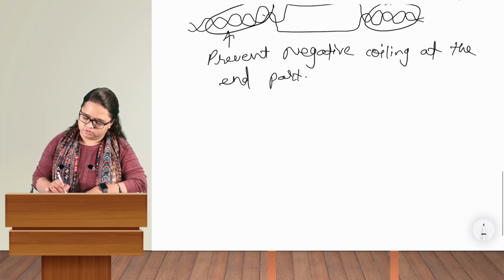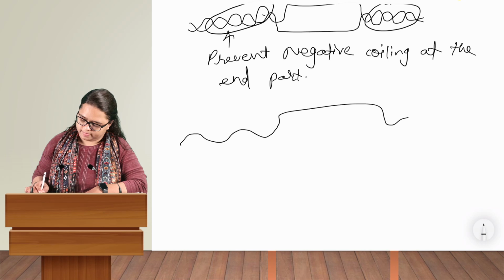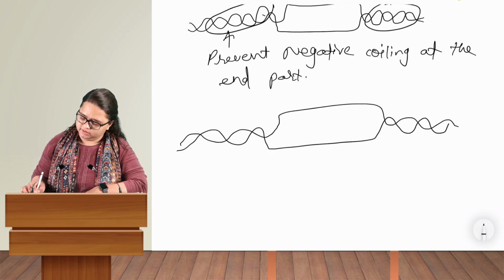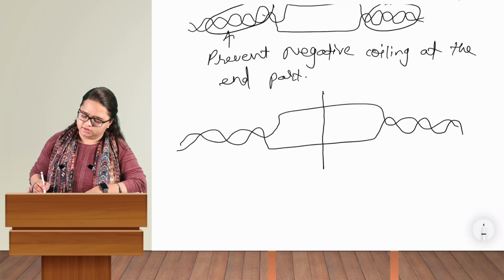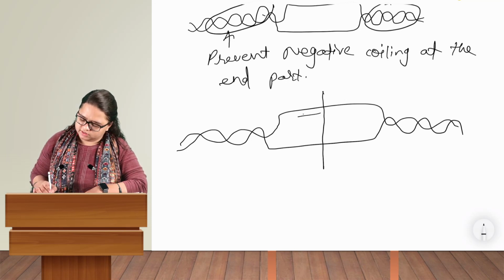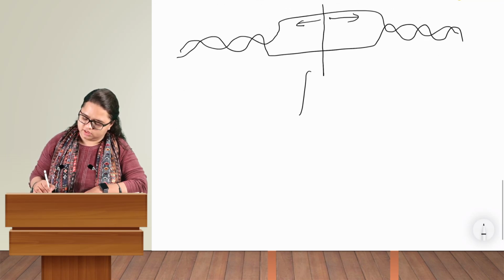Now, let's start the process. If any unwound DNA will do replication, over here two partitions will be made. One replication will start in this direction and the second one will continue in this direction. So let's study half of the part.